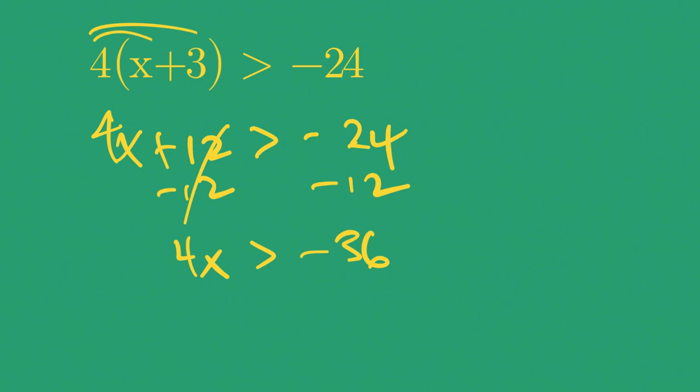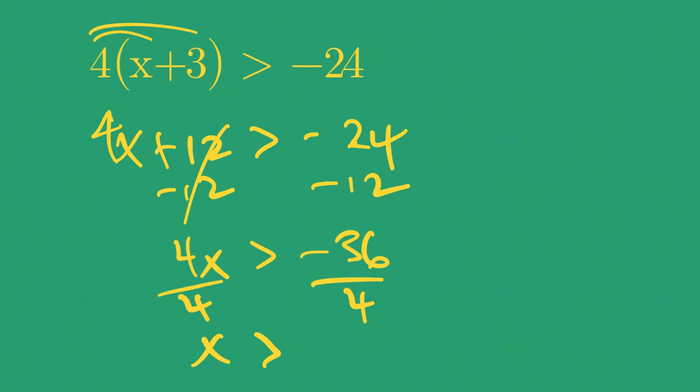How do we solve? How do we get the 4 to go away? Divide by positive 4. And because we're dividing with a positive number, the inequality will stay the same. It is going to stay greater than negative 36 divided by positive 4.